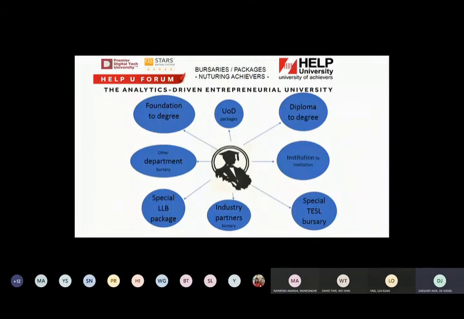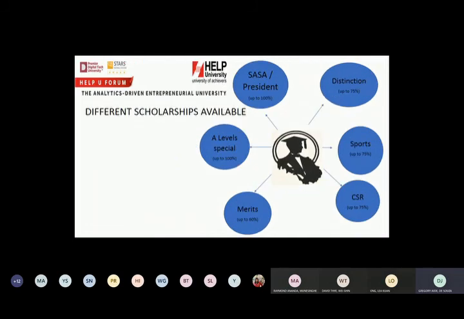Or if you come from an institution, a local institution or a foreign institution where we have some form of collaboration, there will be a special bursary given to such students. So these are some of the bursaries and scholarships available to all students who are joining HELP University or HELP Academy for their programs.